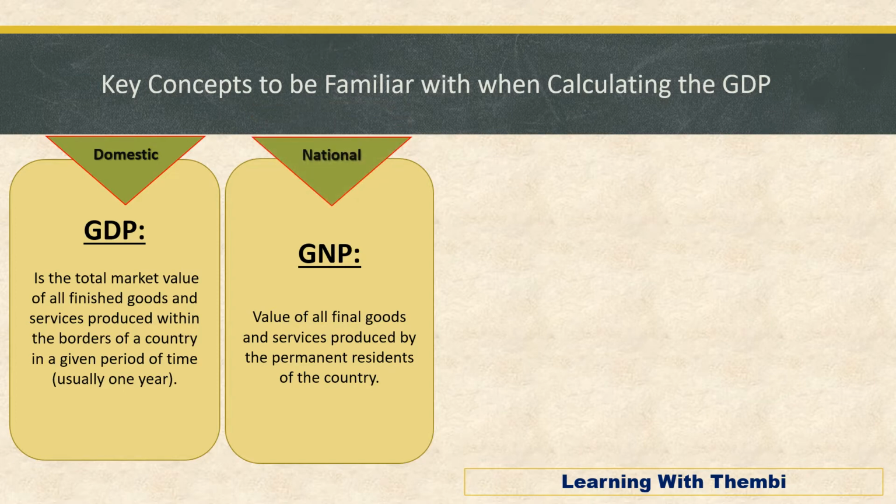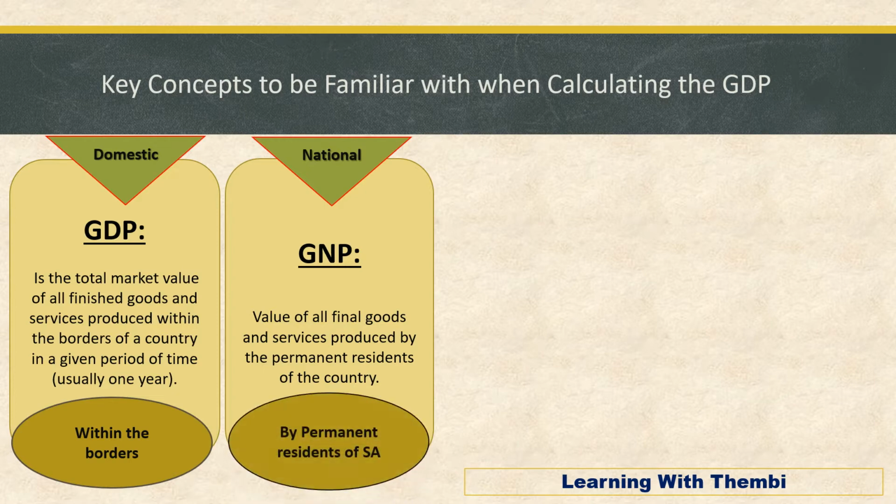Domestic production is the production that has happened within the borders of the country, whereas national production is the production that has been made by nationals of a country, or we may say by permanent residents of a country.